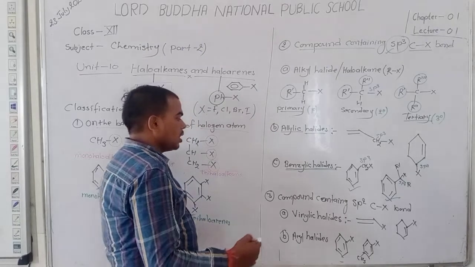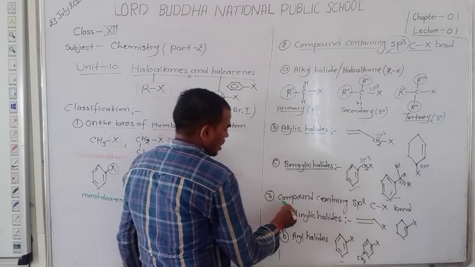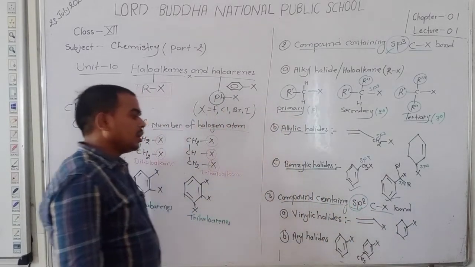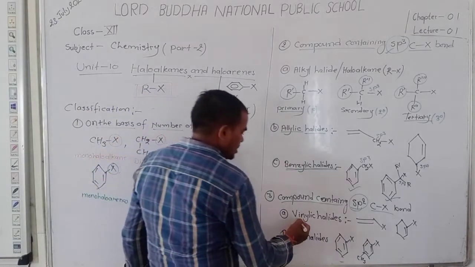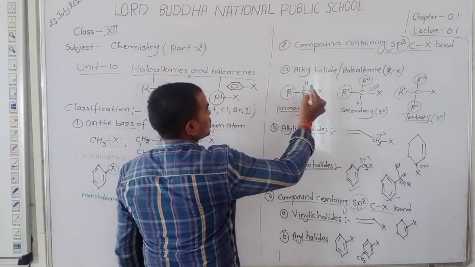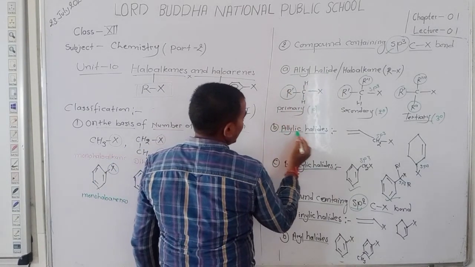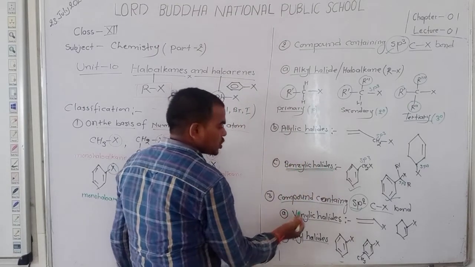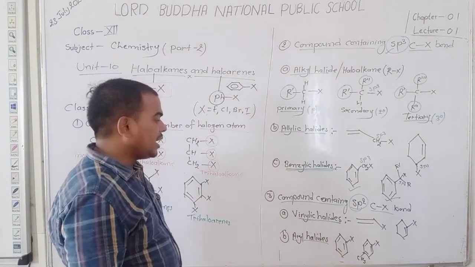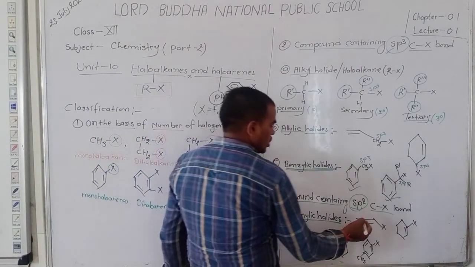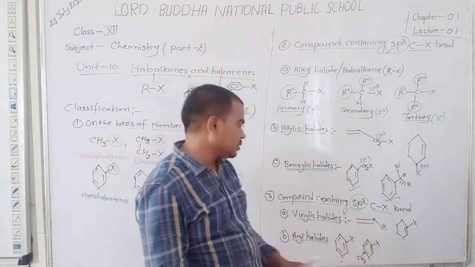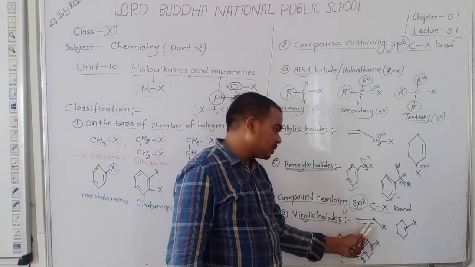The third point is compounds containing an sp2 hybridized C-X bonded carbon, known as vinylic halide and aryl halide. The sp3 carbon compounds are known as alkyl halide, allylic halide and benzylic halide, whereas the sp2 hybrid carbon compounds are known as vinylic halide and aryl halide. In a vinylic halide, the halogen is directly attached to a double bonded carbon.